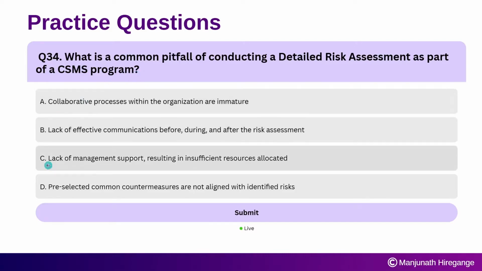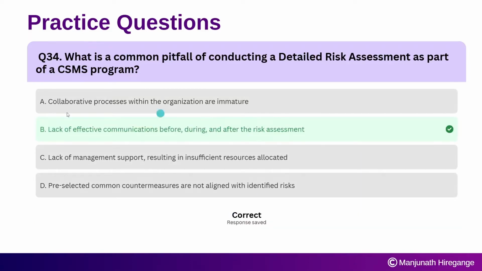Straight away, lack of management support and insufficient resources is definitely a part of initiating the CSMS program, but we are talking about detailed risk assessment. And the option A, collaborative process within the organization, yes, definitely this is also one of the options, but failure to communicate findings and priorities consistently becomes the common pitfall. So option B, lack of effective communications, is the right answer.